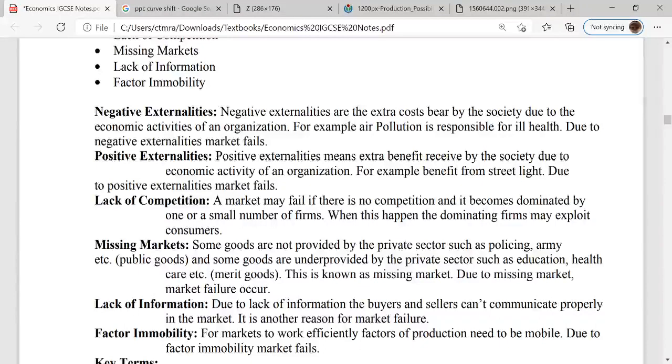Next is merit goods. Merit goods are underprovided. That means there are private sectors in this industry, but it's not enough for all the people of the country. So the government needs to interfere and provide this.